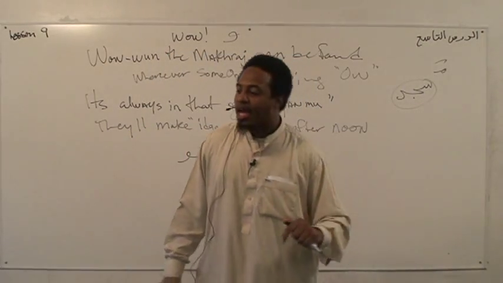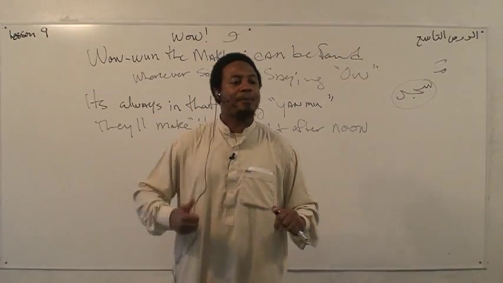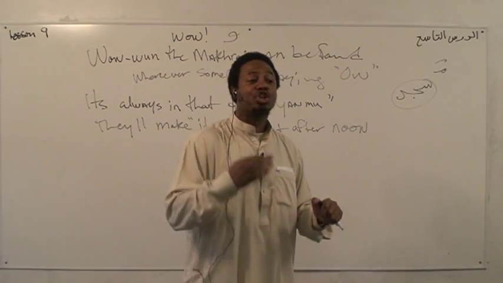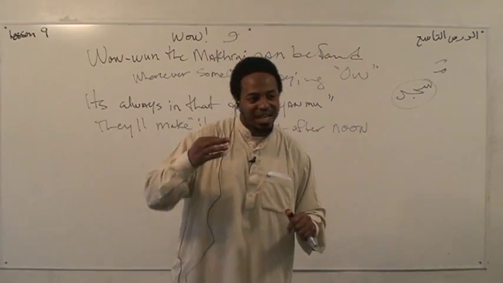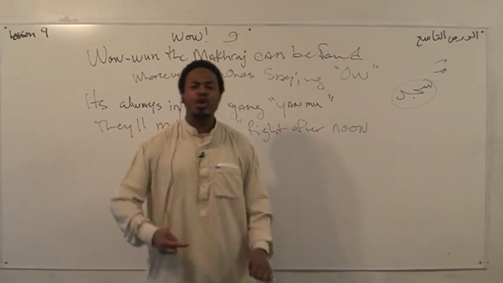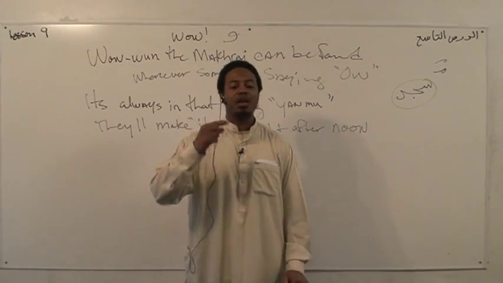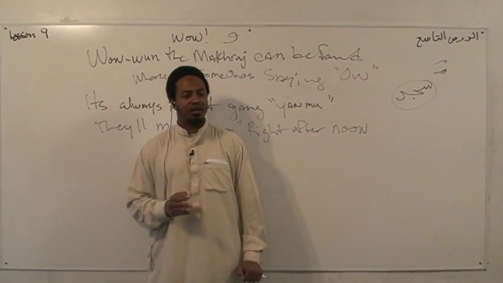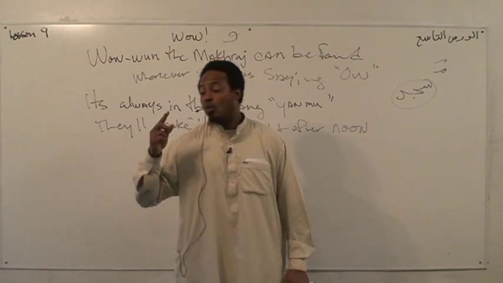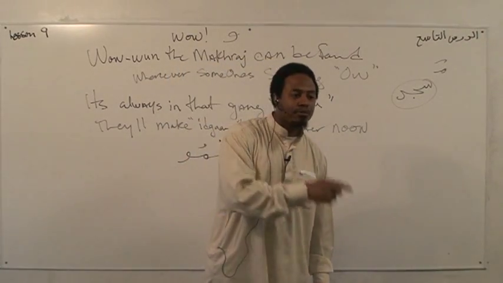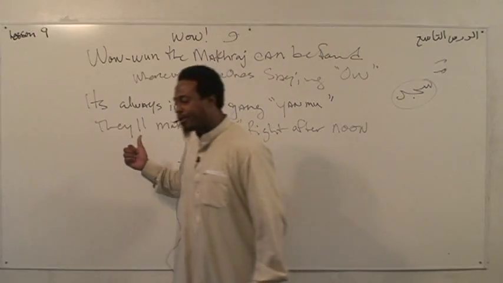And yanmu is a rule in the Arabic language. It affects speech. It's a tajweed rule, but as a tajweed rule, it affects normalized speech. So you have to be more than just familiar with it. You should know that wow is part of what? Yanmu.